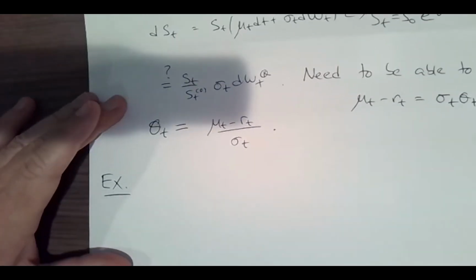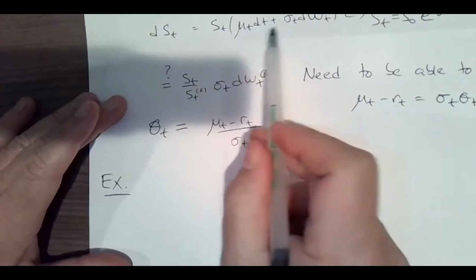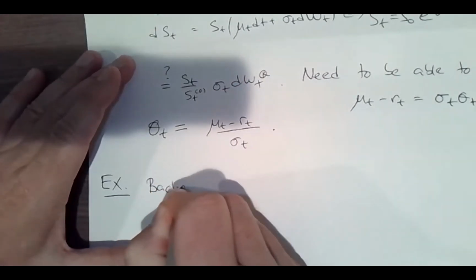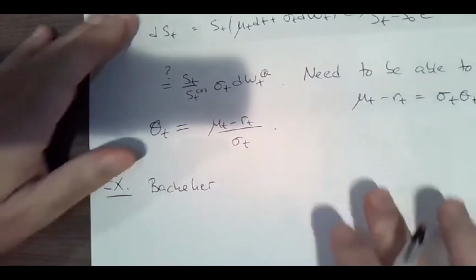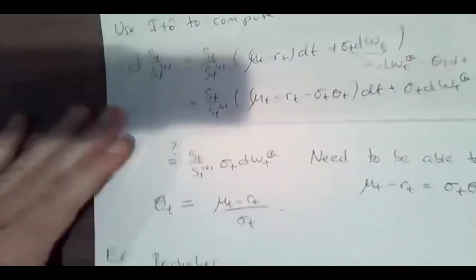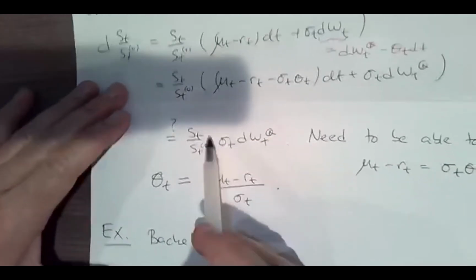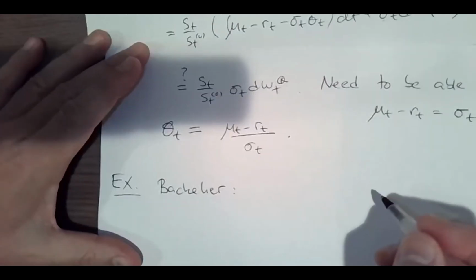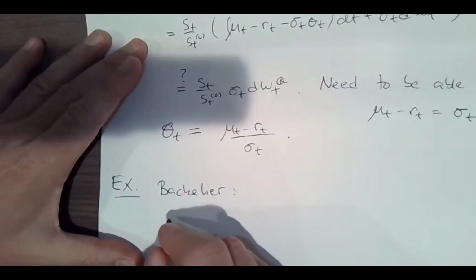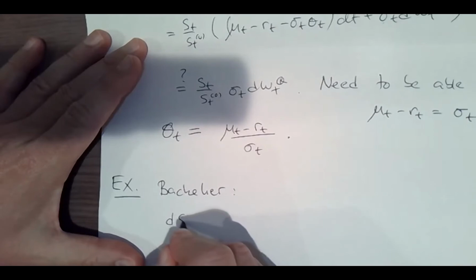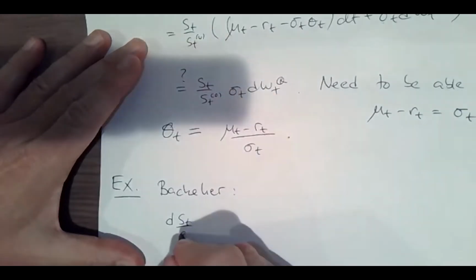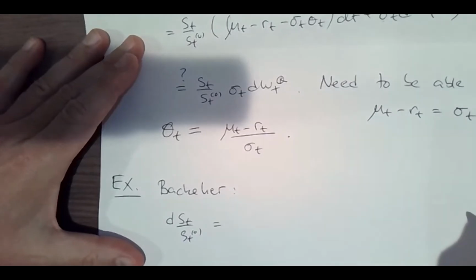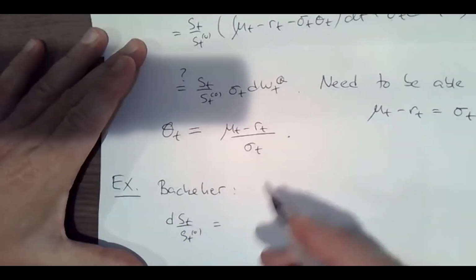The oldest model we have is the Bachelet model, where ST over ST 0 is the discounted stock.